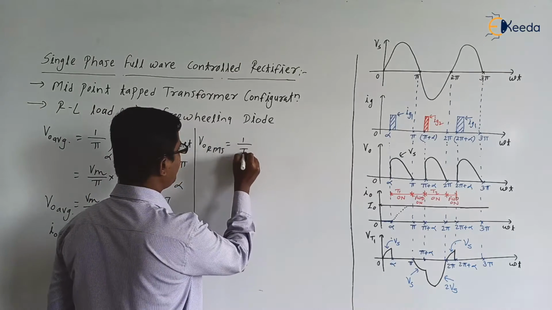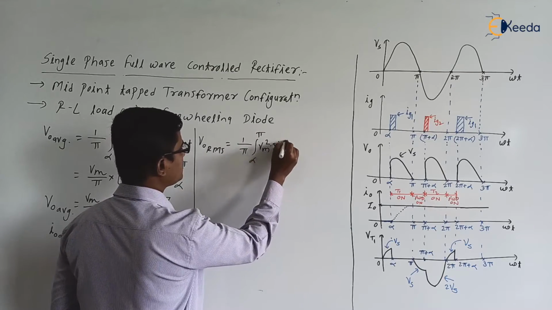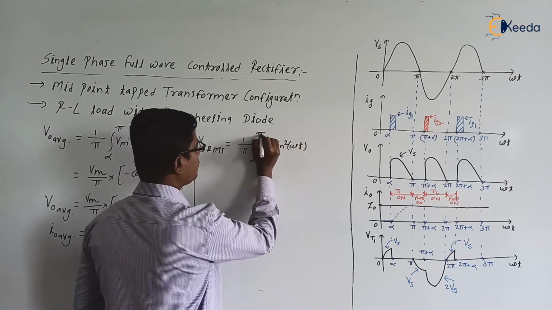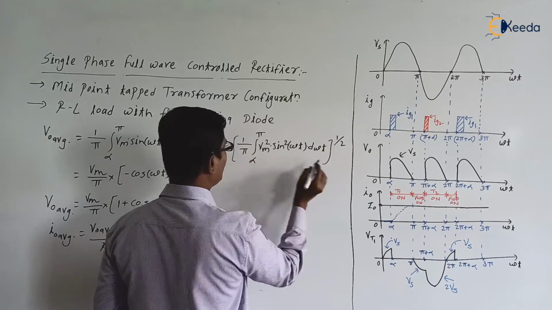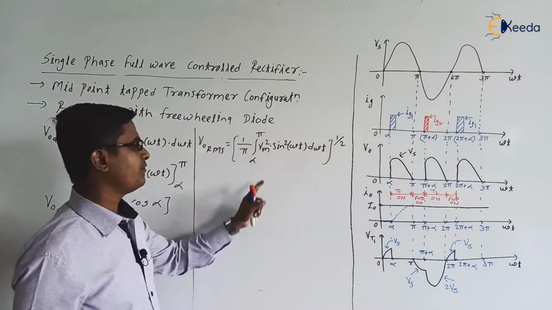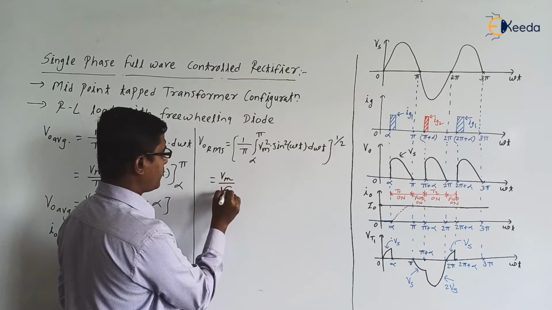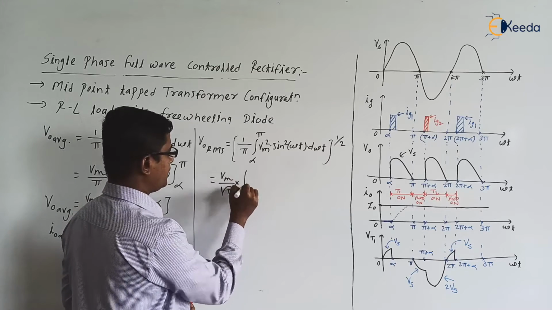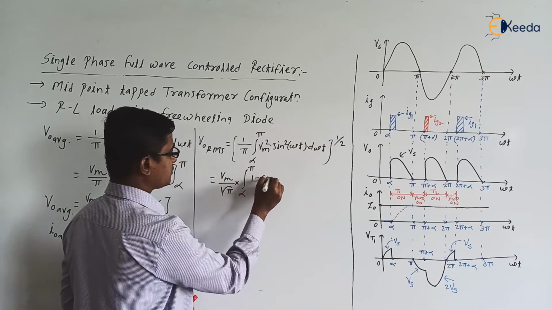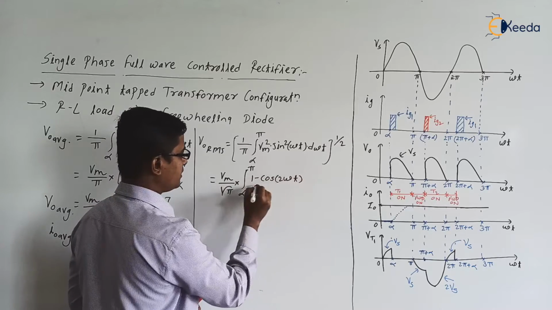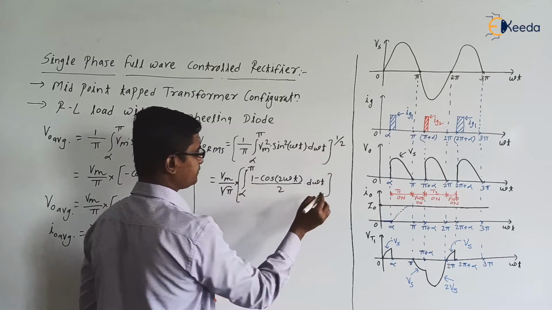It is 1 by pi integration from alpha to pi Vm square sine square omega t d omega t, to the power 1 by 2. Can we simplify it? It is equal to Vm upon root pi into integration from alpha to pi, where sine square omega t can be replaced with 1 minus cos 2 omega t divided by 2, into d omega t, to the power 1 by 2.